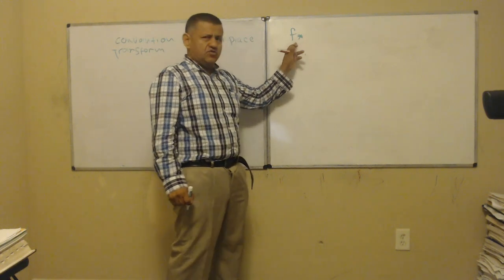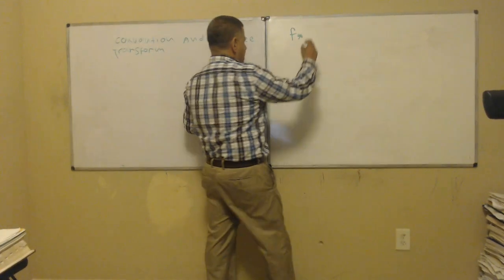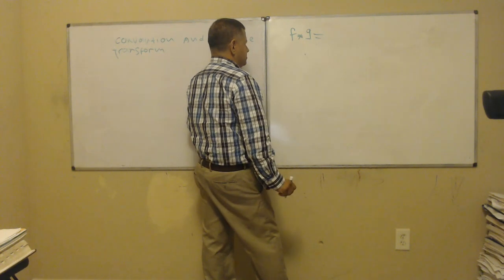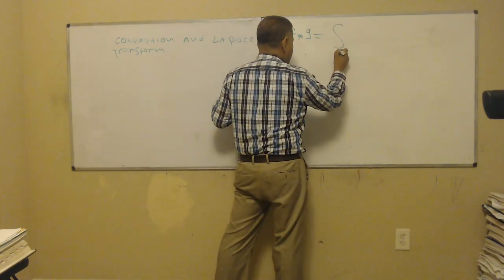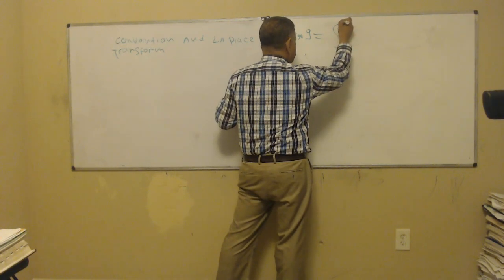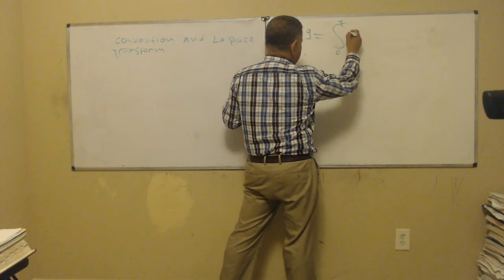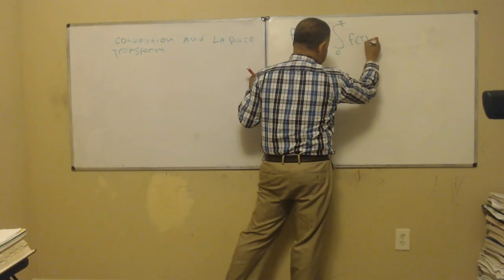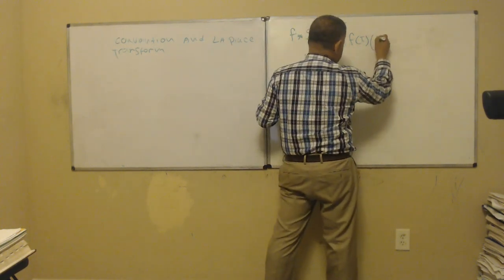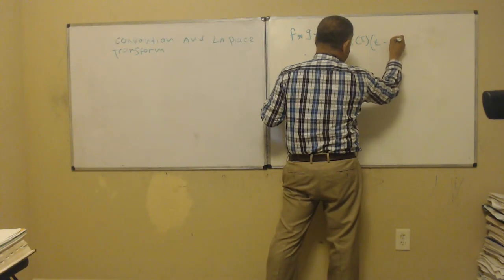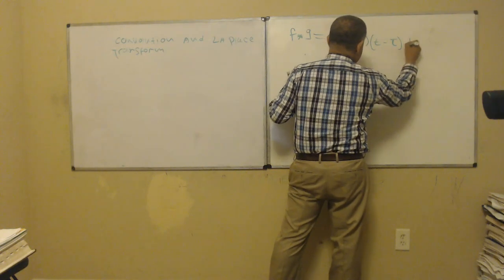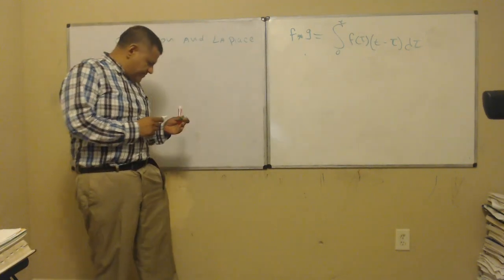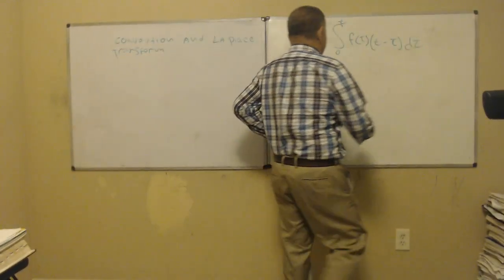Making sure that this is not, don't take this as a multiplication. f convolved with g is equal to the integral from 0 to t of f of tau times g of t minus tau, d tau, right?